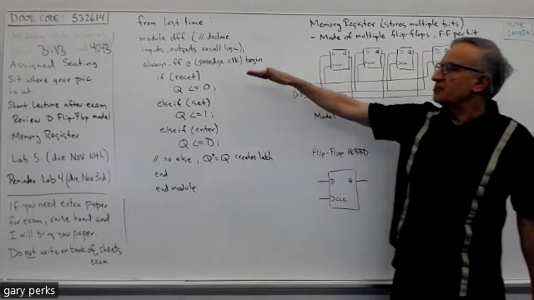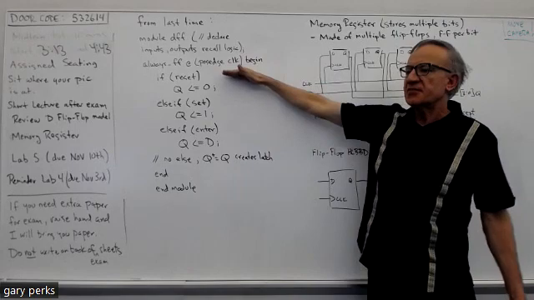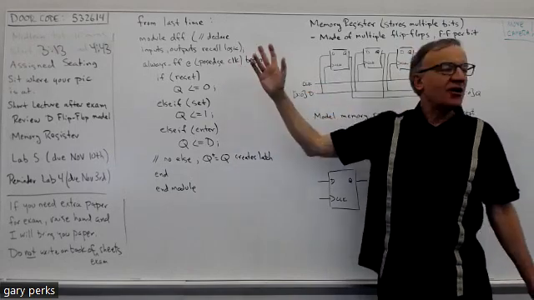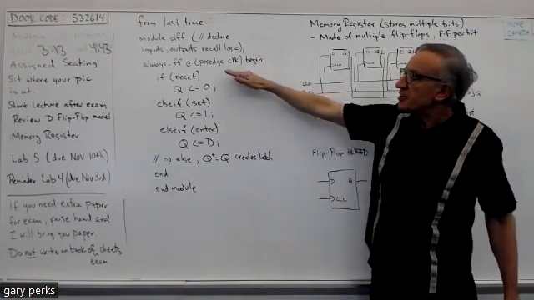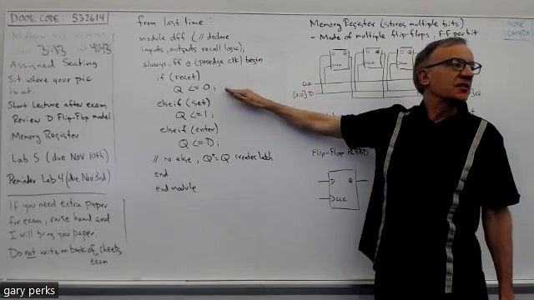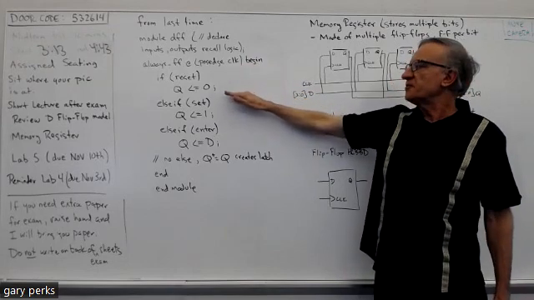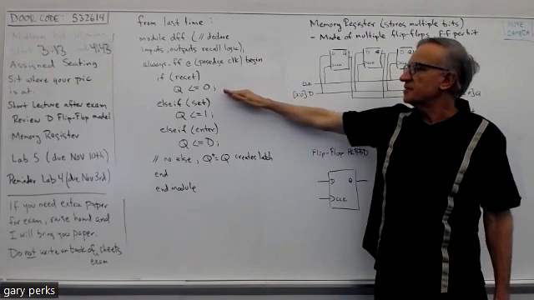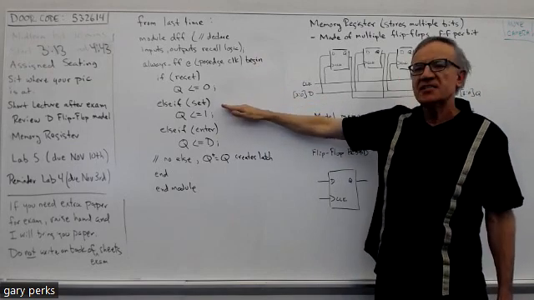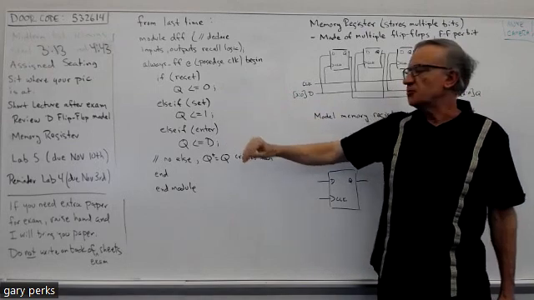So if reset's active, and these are all active high inputs, and they're all synchronous, if reset's high, we're going to reset the flip-flop by making Q 0. If we're not resetting, but we're setting, we'll then set Q to 1.